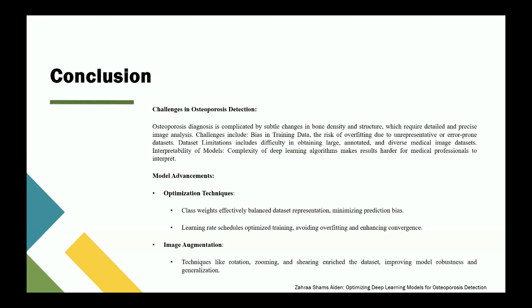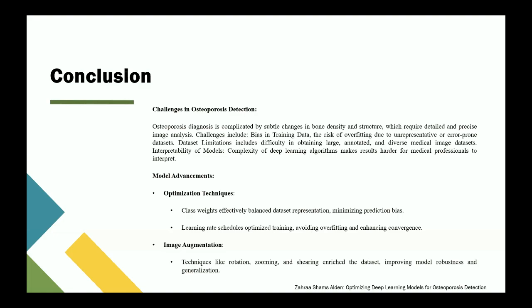There are many challenges in osteoporosis detection, as most models depend on bone density and the structure of the bone. For that, it requires detailed and precise models for image analysis.